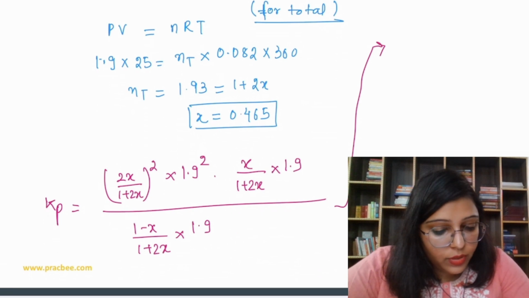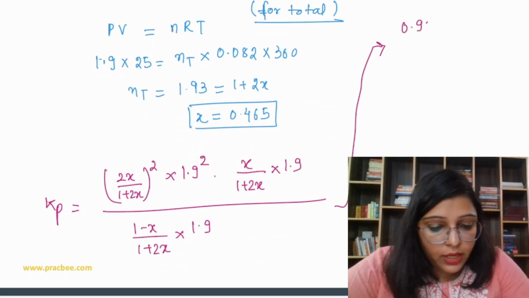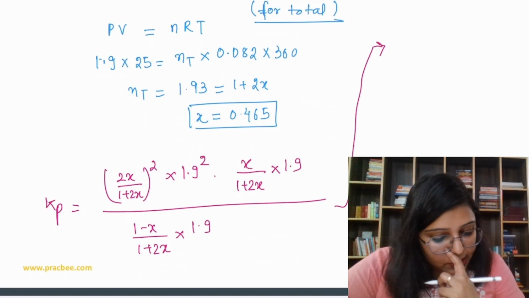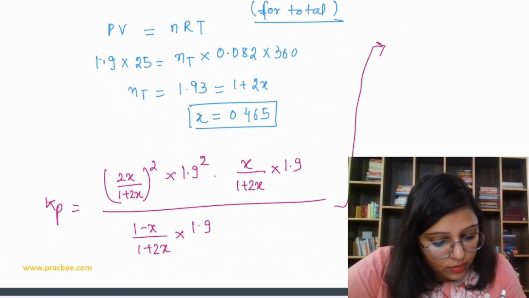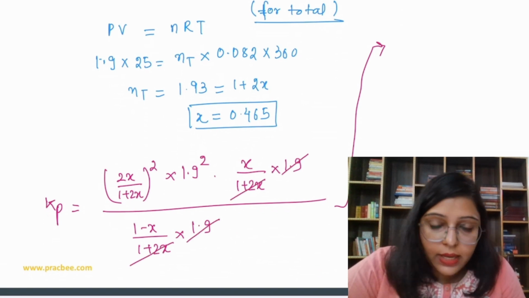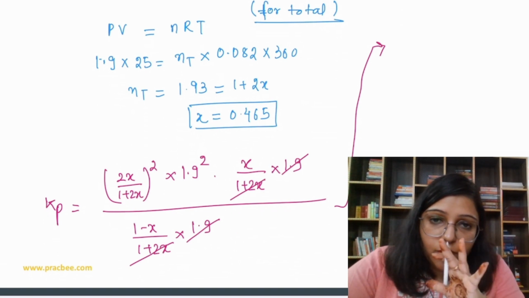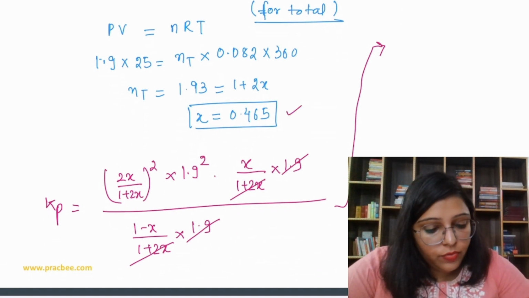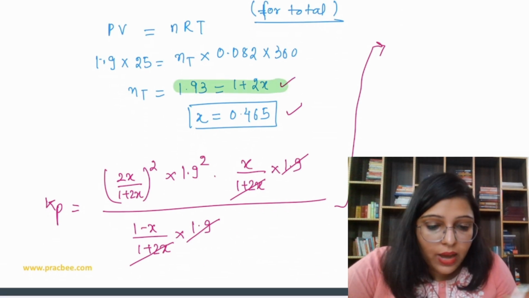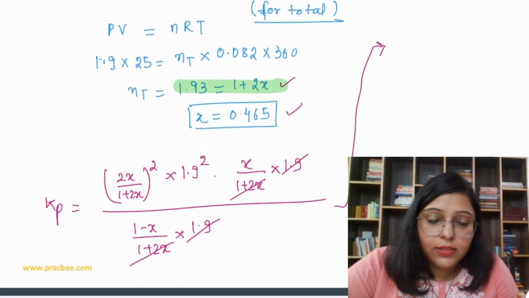So 2x will be 0.93. First, let us cancel. We can cancel 1 plus 2x, 1 plus 2x, 1.9, 1.9. Put every value. You have the value for x, and you have the value for 1 plus 2x as 1.93. 1.9 is there.